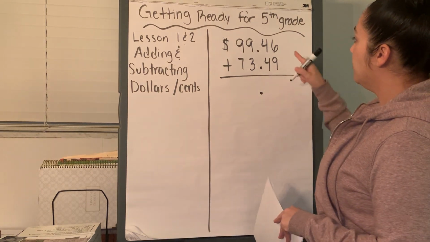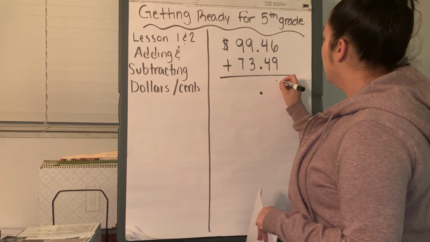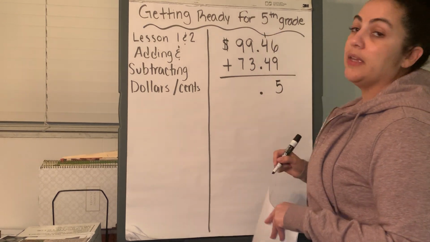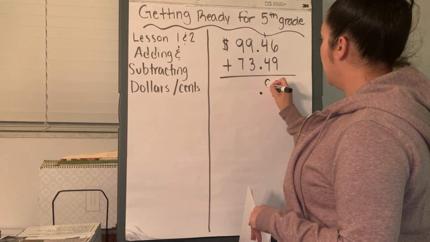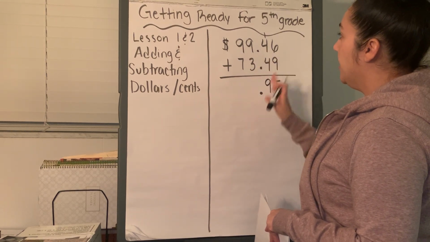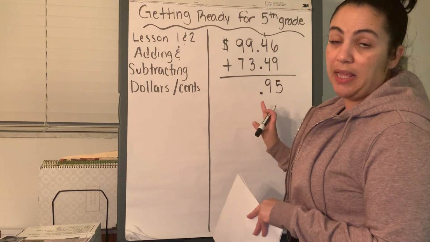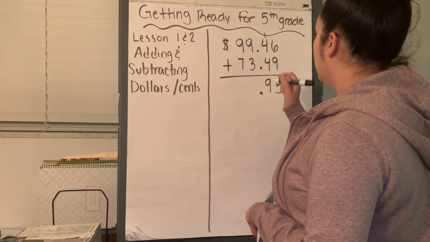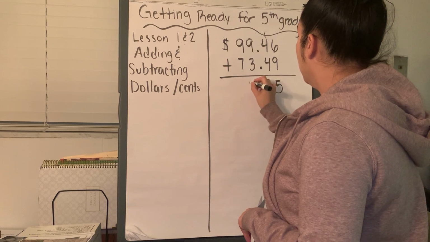So here we would do 9 plus 6, it's 15. So I'm going to write my 5, carry my 1. 4 plus 4 is 8, plus 1, 9. Now here, your decimal's already there because you've lined it up, and all you got to do is carry over into the next place value and keep adding like you normally would. 9 plus 3, 9, 10, 11, 12.